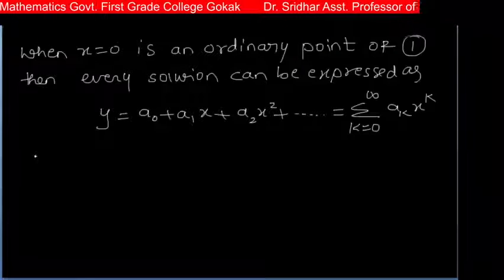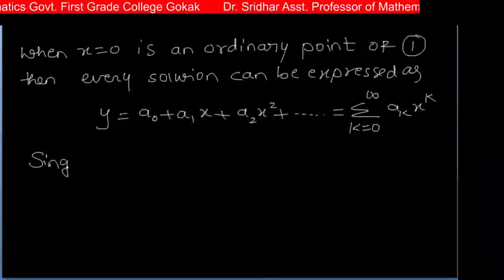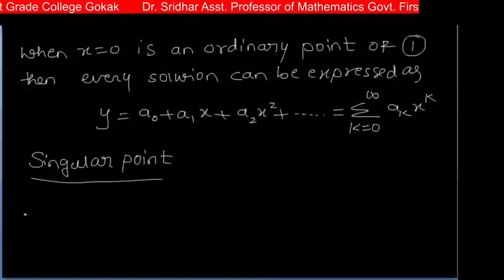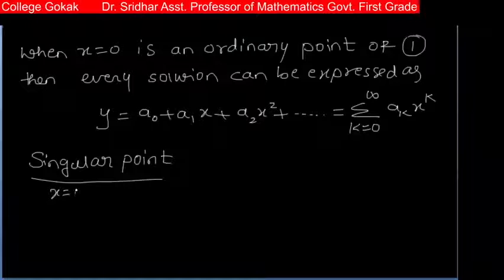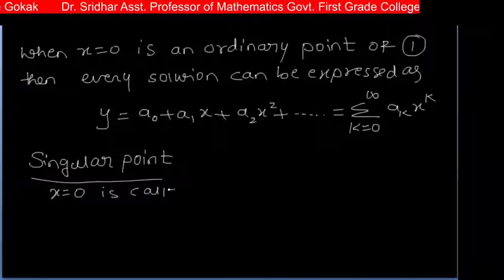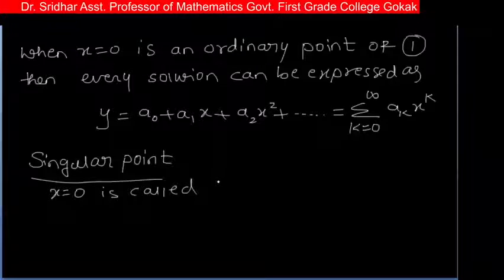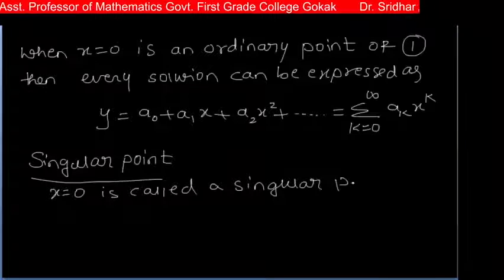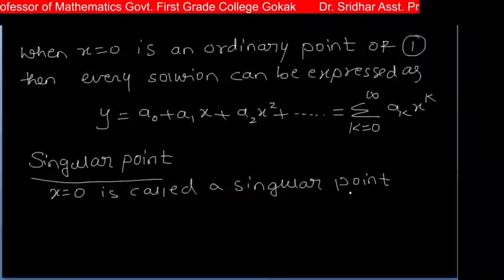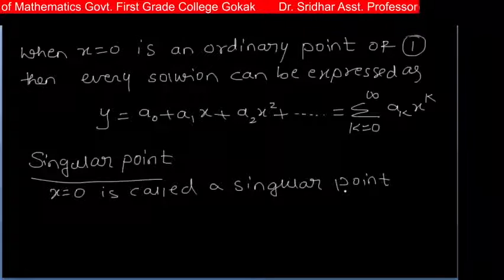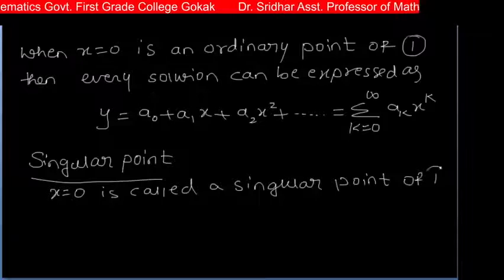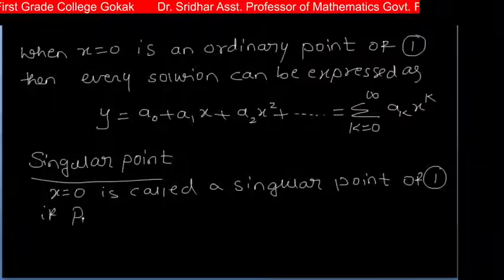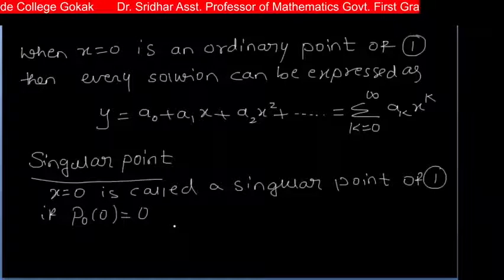Next, singular point we define. Now here x equal to 0 is called a singular point of 1 if p naught of 0 is equal to 0.